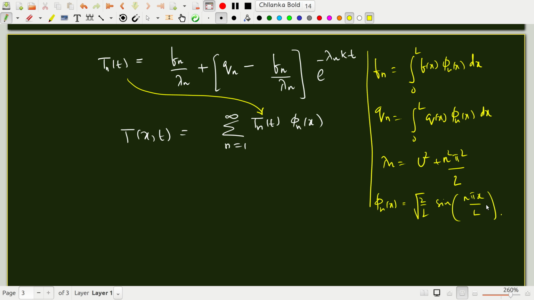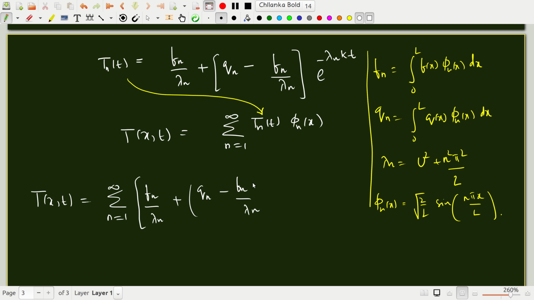Once we have all this, we can write the solution to the original PDE as a summation over n equal to 1 to some large number, which depends on the accuracy you want, of Fn by lambda n plus qn minus Fn by lambda n, times e to the minus lambda n kappa t.